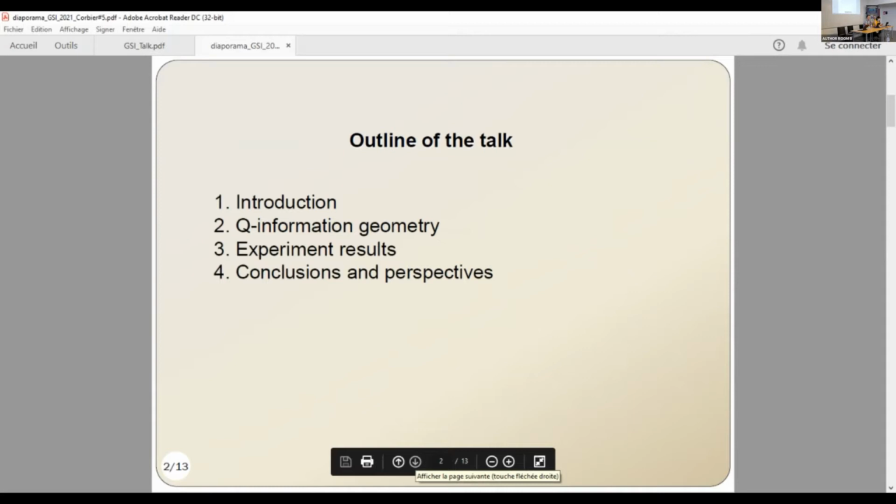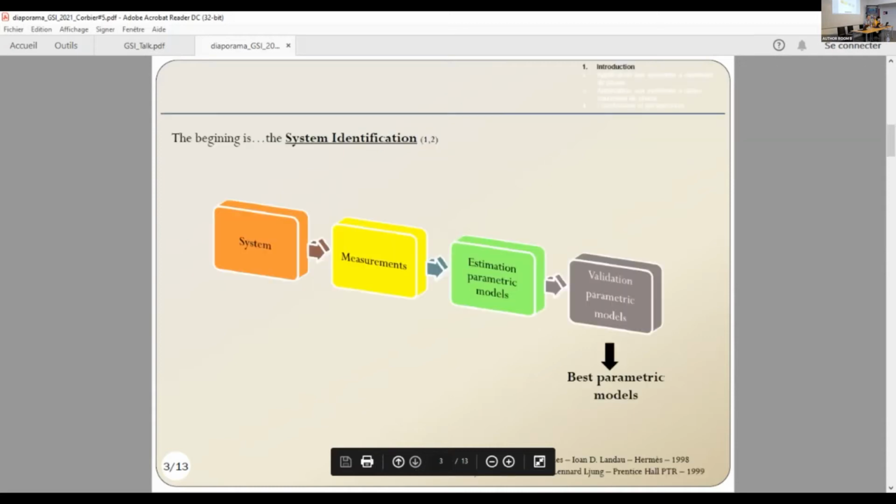The first part is system identification, consisting of obtaining, in a final map, a best parametric model using three steps: estimation and validation from measurements. This is the classical process of system identification.